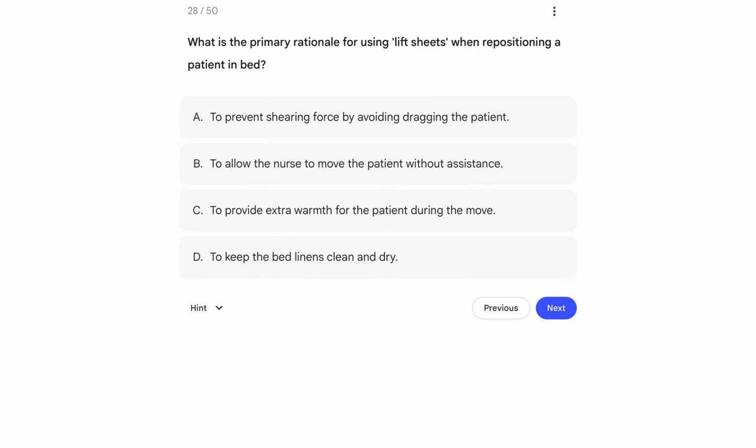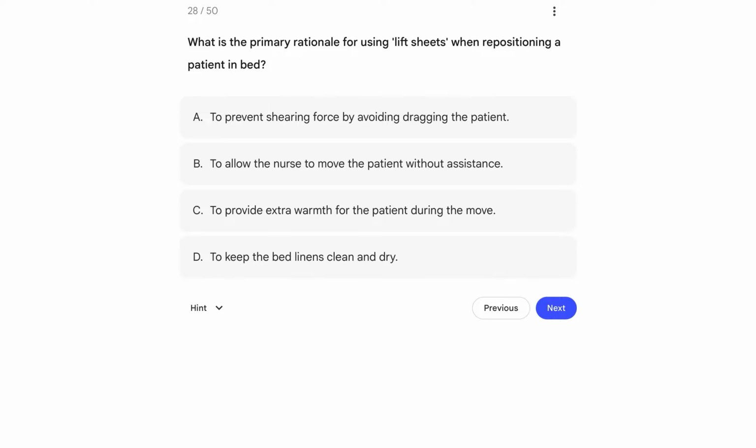Option B, to allow the nurse to move the patient without assistance. Option C, to provide extra warmth for the patient during the move. Option D, to keep the bed linens clean and dry.